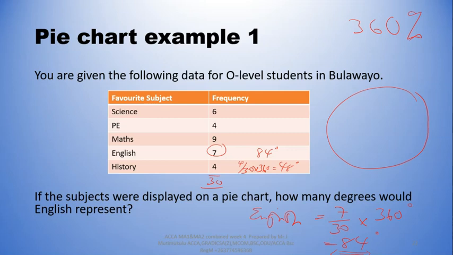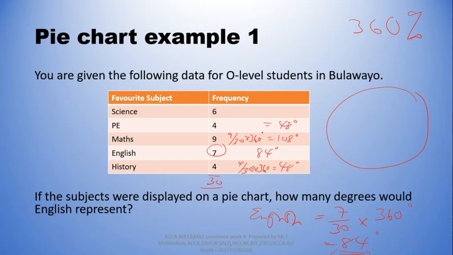And then for math, that's 9 over 30 multiplied by 360, that's 108. And then 4 over 30, we did this one, that's 48, same as history.